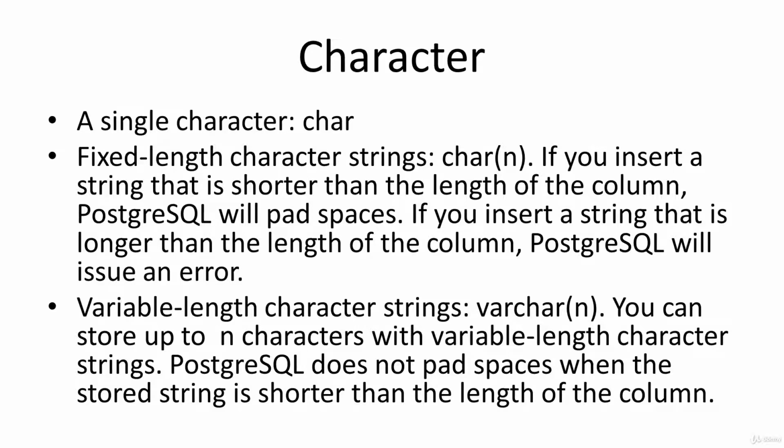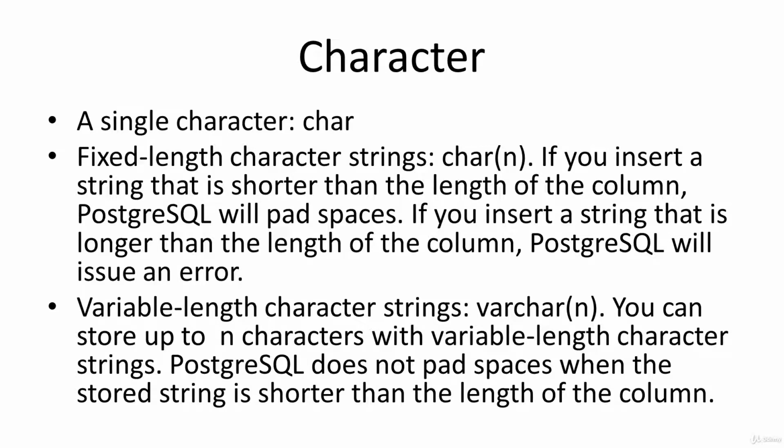And if you insert a string that is longer than the length of the column, PostgreSQL will issue an error. So the reason you may want to use a fixed length character string is to make sure that a user isn't able to put in a string of characters that doesn't belong there. So you may think of this as maybe you have a certain number of expected letters for some sort of ID code, and you don't want the user to be able to mess that up.